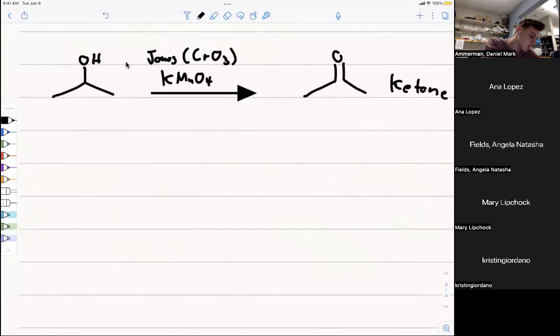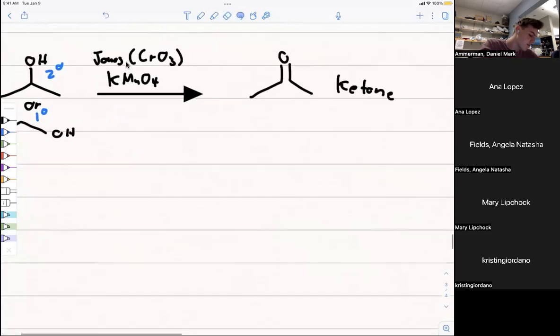If it was primary, and we are not given DMS, we're going to end up with a carboxylic acid. I'll keep this up here and say only DMS stops it from going all the way to carboxylic acid.